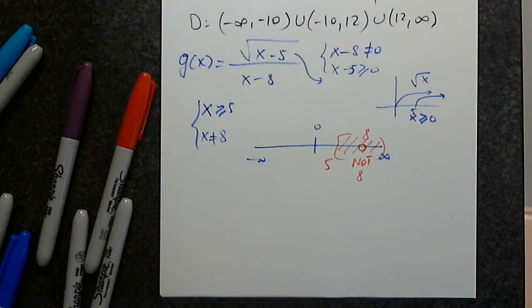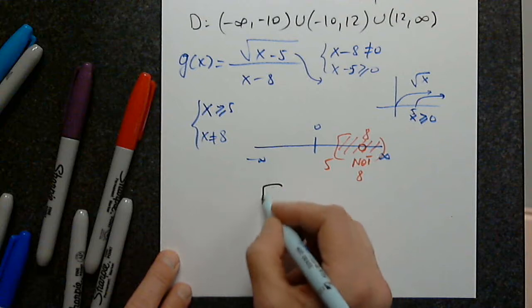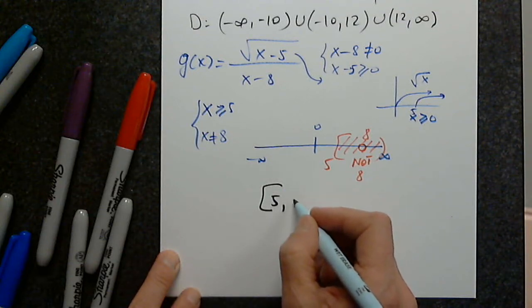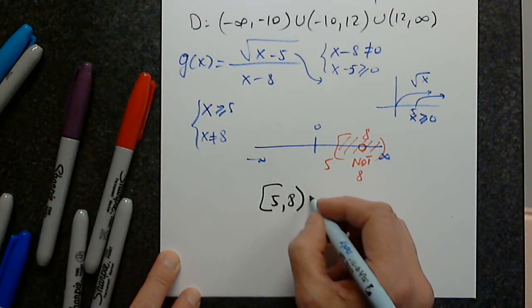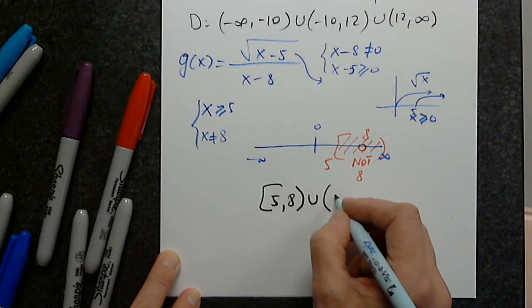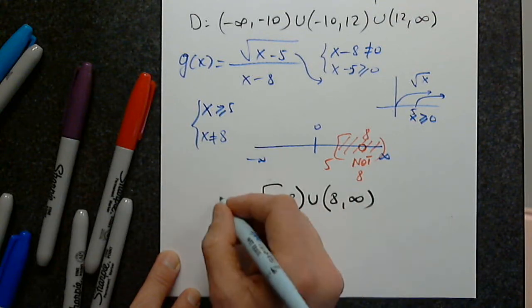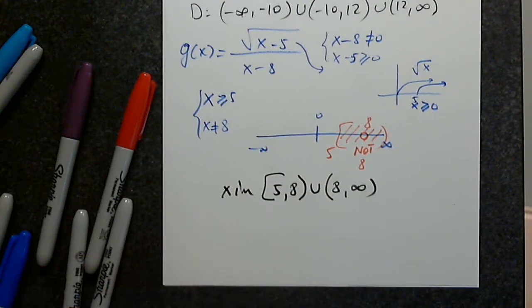How do I write this in interval notation? Bracket 5, comma, 8, parenthesis, union, 8, comma, infinity. So this is the domain of this function.